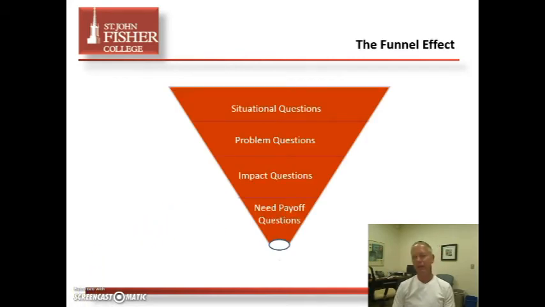So as I talked about, here's the funnel effect. The situational questions are very, very broad. They're asking the customer, the prospect, about their business. They're asking them about different things that happen in their business, etc. Very broad, gets the customer talking about their business.